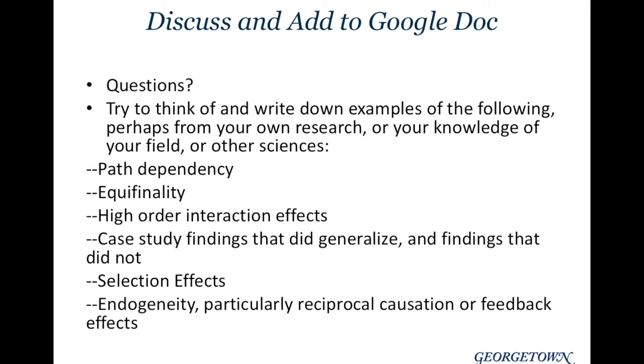Path dependency, equifinality, higher order interaction effects, findings that you think did generalize or could generalize, or findings that you think don't generalize, selection processes or selection effects, and then endogeneity, especially reciprocal causation. So try to think of some examples of each of those and write them into the Google Doc.